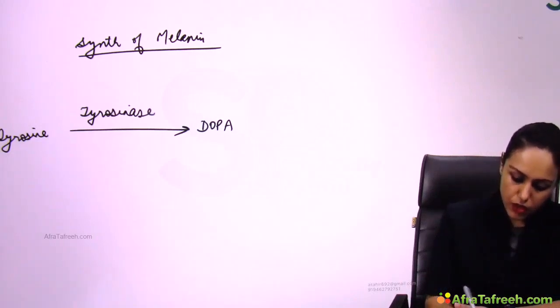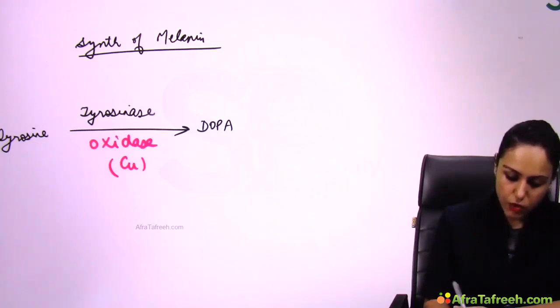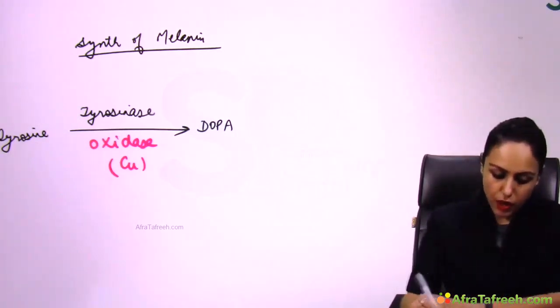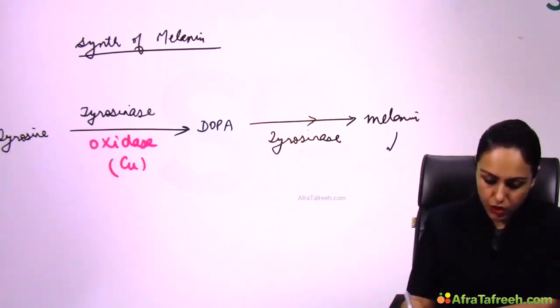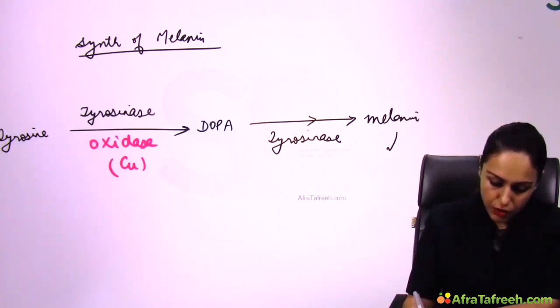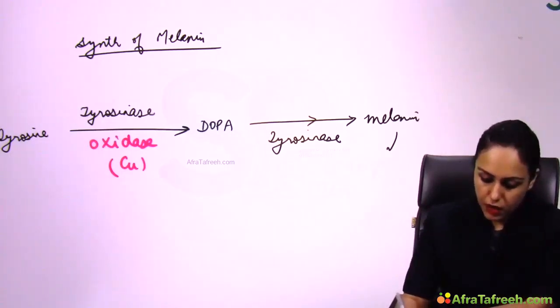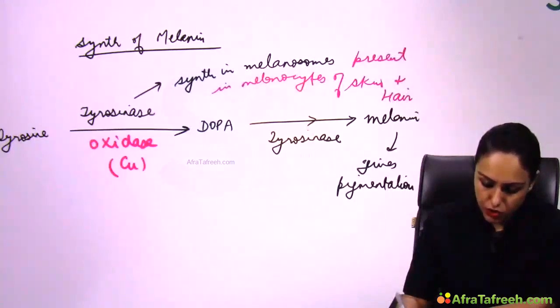You know, tyrosinase is an oxidase, and any oxidase requires copper, so tyrosinase also requires copper. Now this dopa will be converted to the pigment melanin. Here also the enzyme is tyrosinase, and this melanin gives pigmentation to hair and nails.